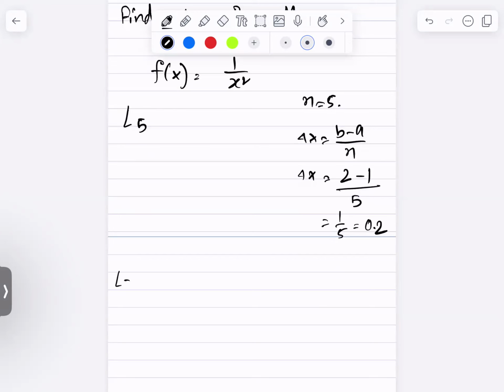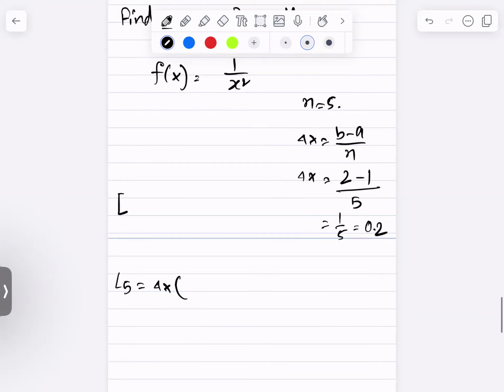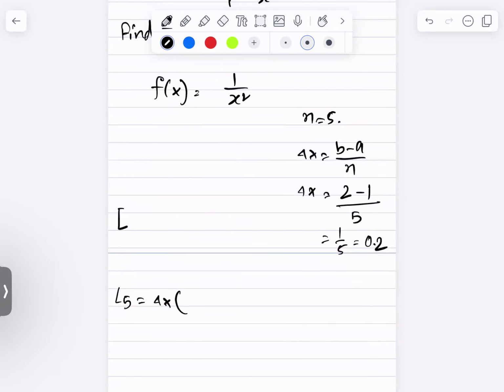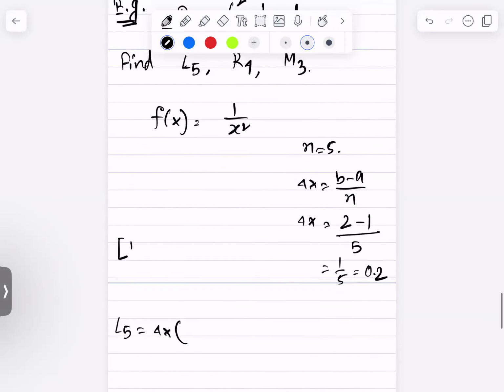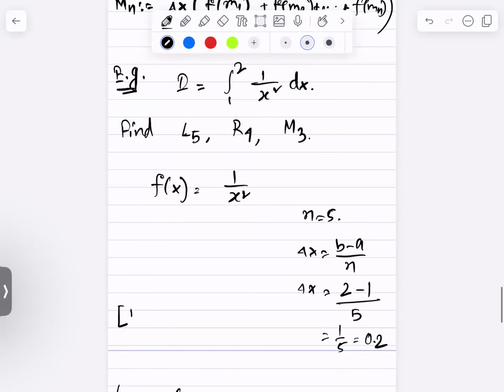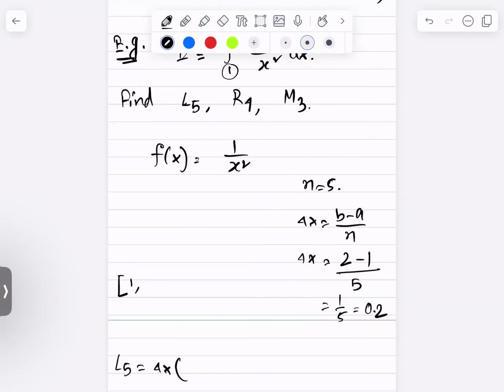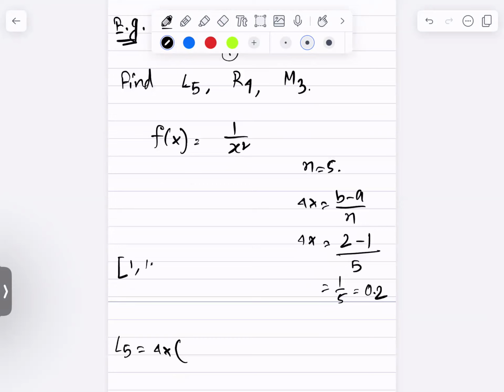So the formula for L5 should go like this. Let me explicitly write the subintervals for you. The leftmost point should be 1 because the integration starts from 1. The second point should be 1.2, right?